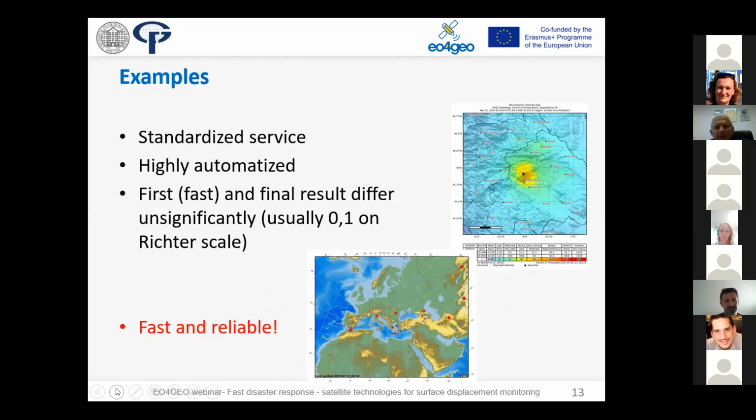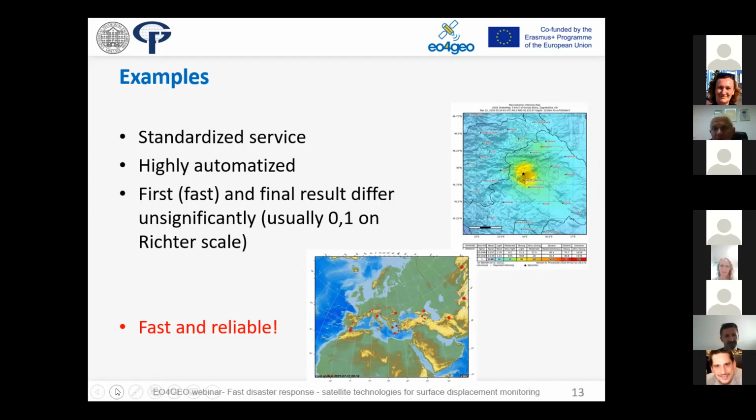For example, first are those two services from the European Mediterranean Seismological Center, where we have a picture of earthquakes which are happening on a daily basis, and also a picture of a specific earthquake, and the seismic map of this event. And what we know, this is a standardized service.